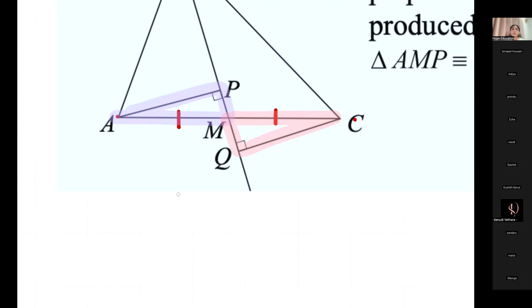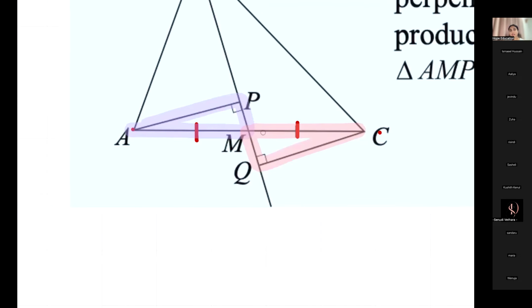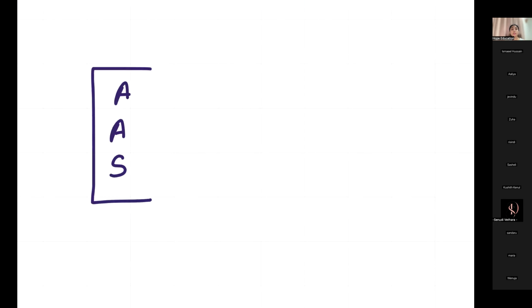Now let's look at these two. We have only the given information, nothing else. If we went for AAS, we need two angles and one side. If we used RHS, we need a right angle, the hypotenuse, and another side other than the hypotenuse.